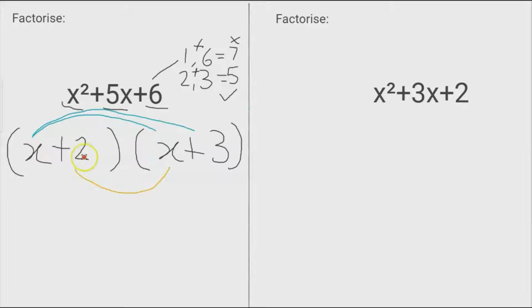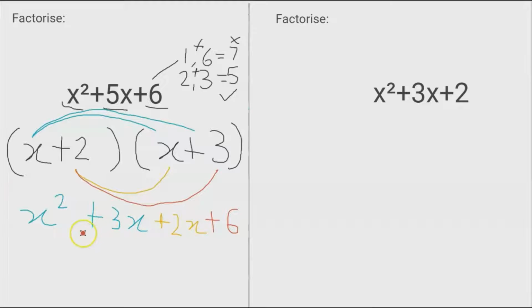So it's simple. x times x is x squared, plus x times 3 is 3x, plus 2 times x is 2x, plus 6.